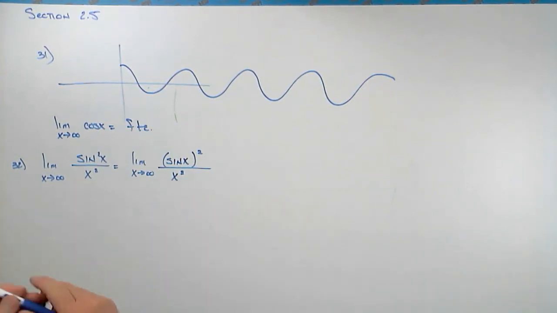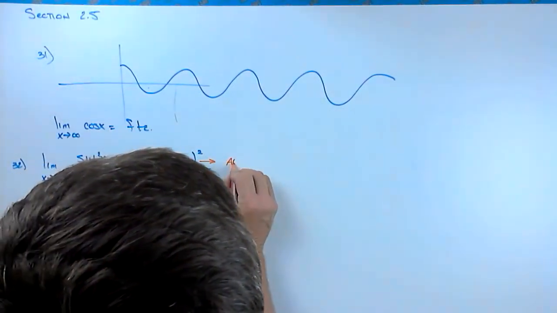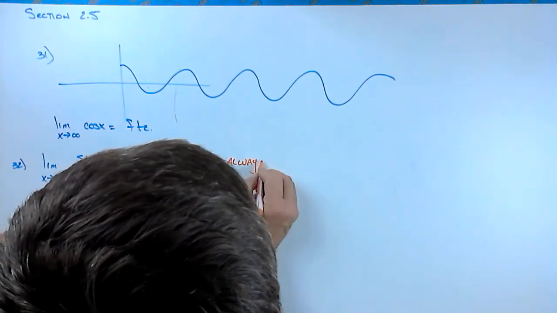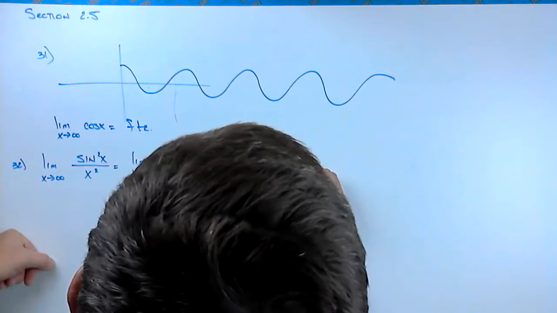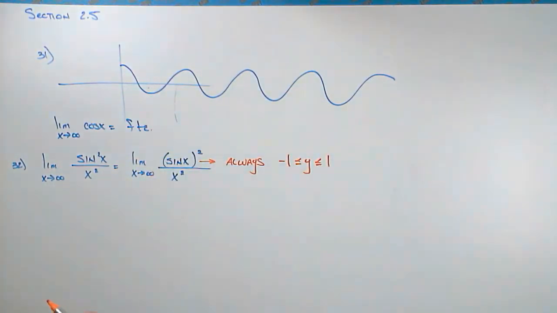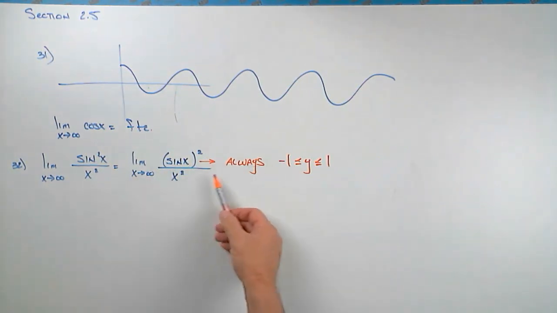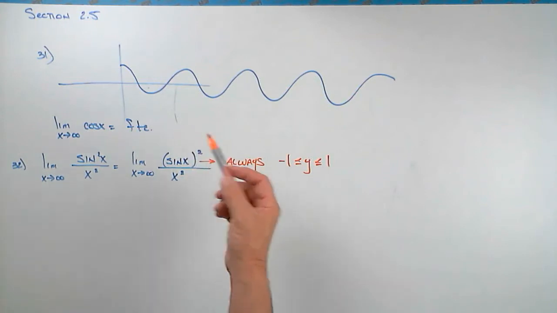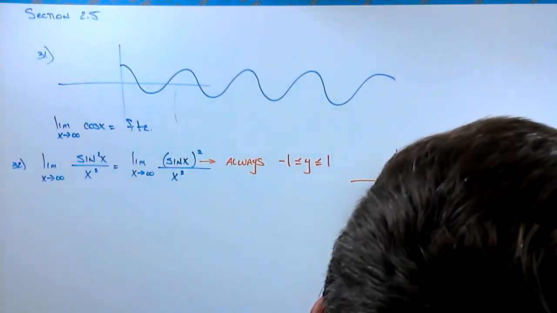Well, what do we know looking at these two graphs? We know this function right here is always between -1 and 1, right? If we plug any number into sine going to infinity, the graph of sine, well, we've got cosine drawn there, so we'll draw sine over here just to be fair.